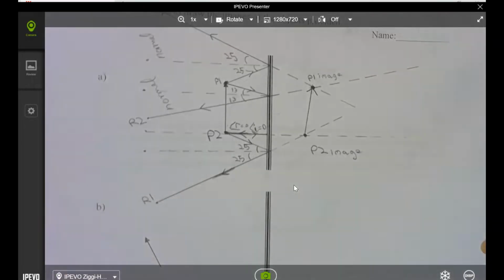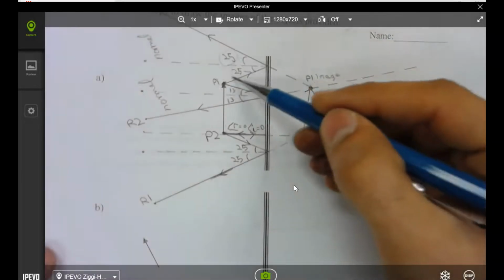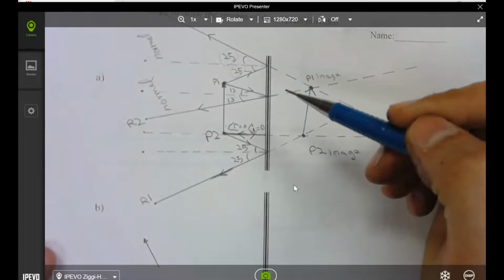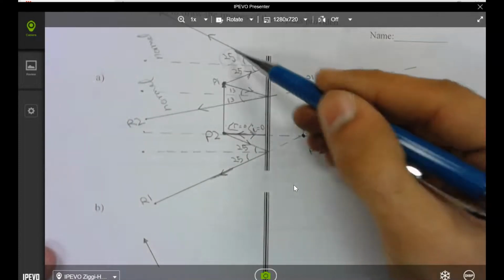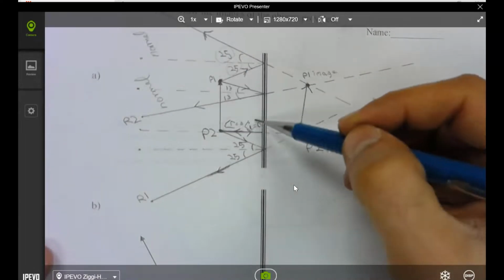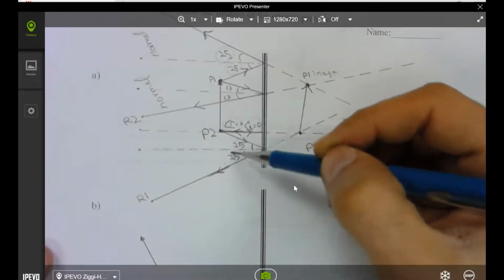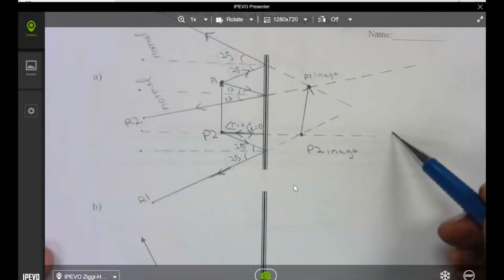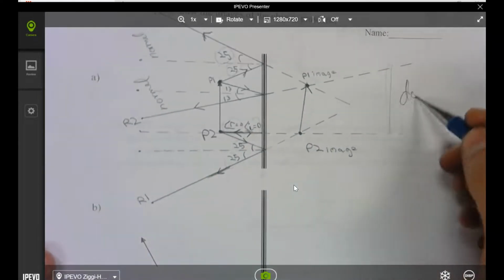My angles might have been off by 1 degree or 2 degrees, and that's causing my slight slant in the arrow. That is fine. This kind of slant is acceptable on a test. On a test, what I'm going to be looking for are clearly shown angles that you've measured, arrows going the right direction, and dotted lines behind the mirror.